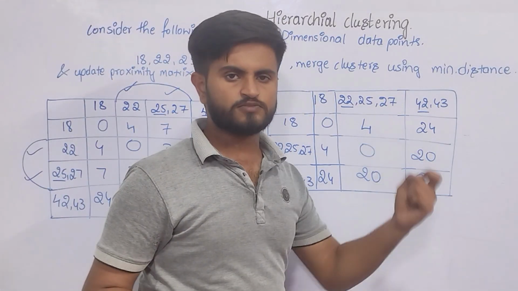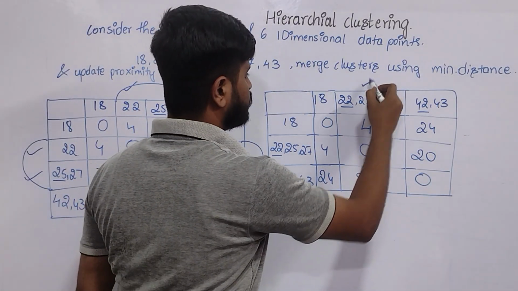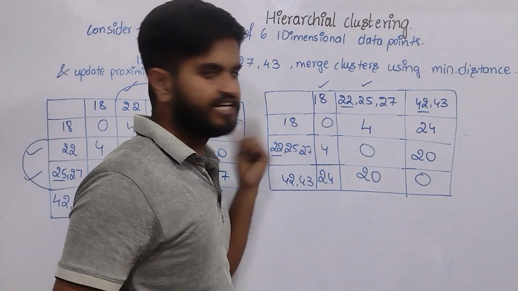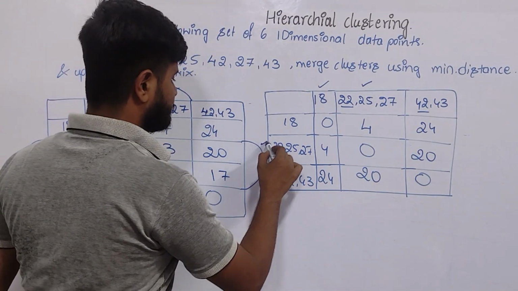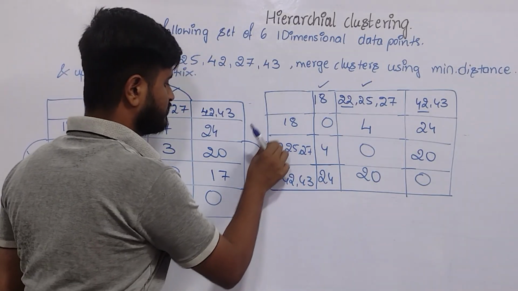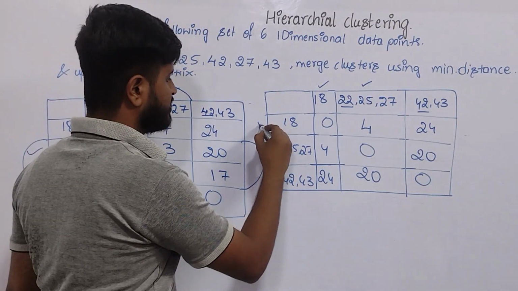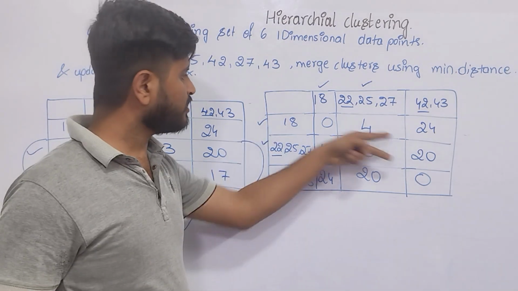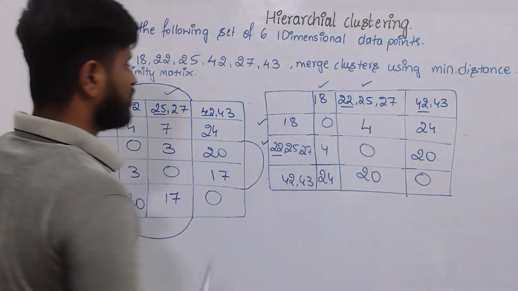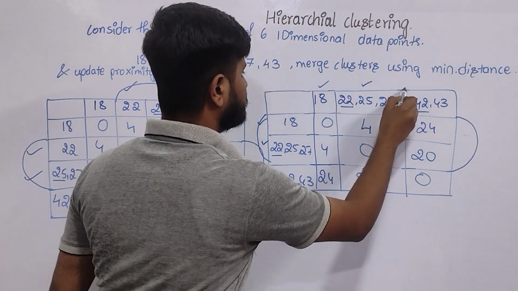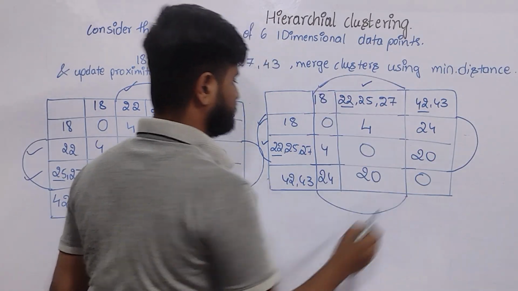Except 0, which is the smallest element we are having, that is 4, which is present in 22, 25, 27 and the 18th column, and it is present in their rows also, that is 22, 25, 27 and the 18th row also is having 4 in common. So we will be combining the rows and their columns respectively.